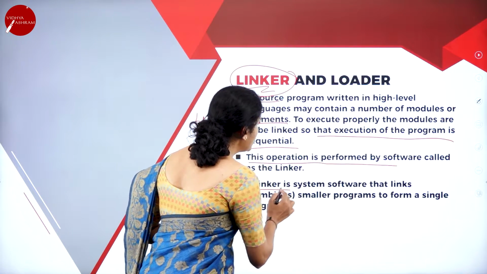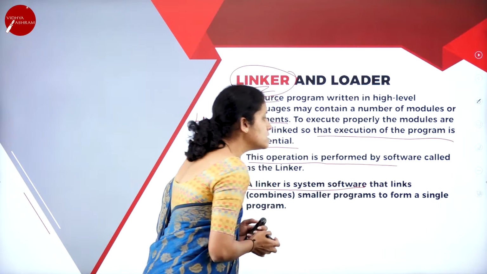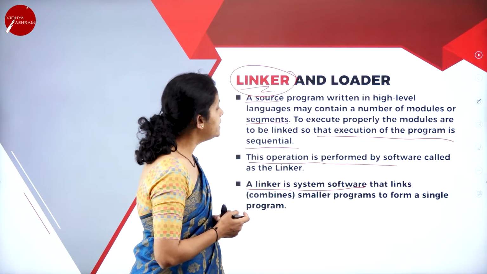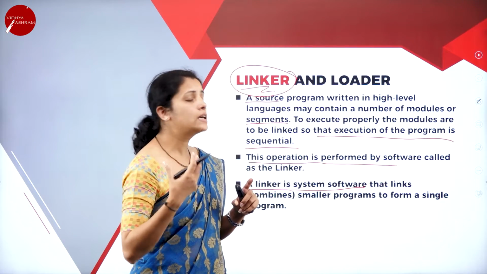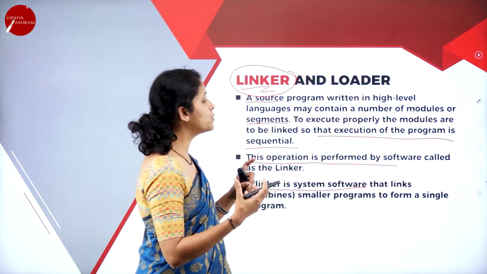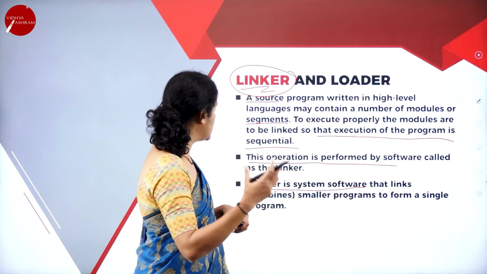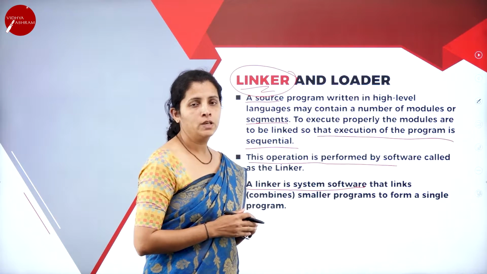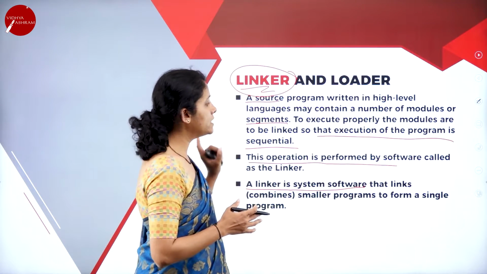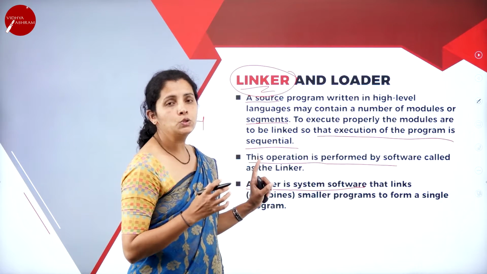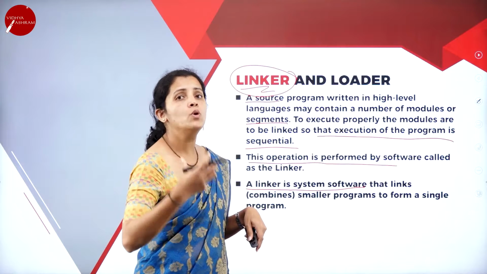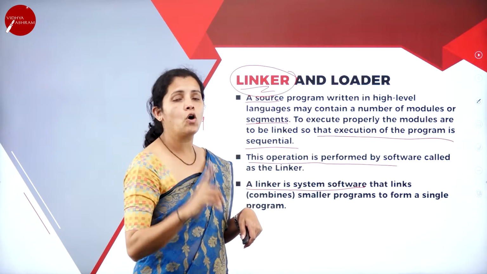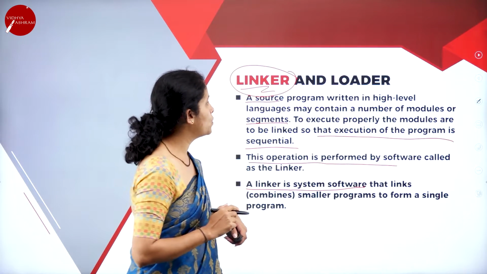A linker is an example of system software that links. So, what is linking here? Linking is nothing but combining smaller programs to form a single program. So the job of the linker is to combine smaller programs together to form one final, single program.